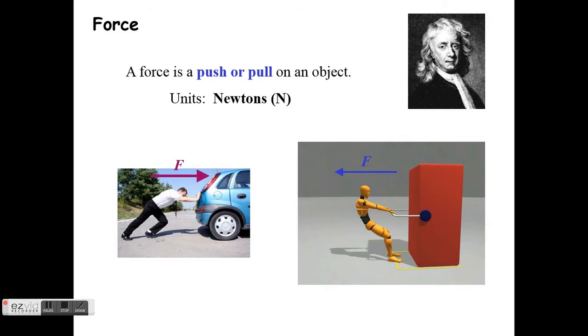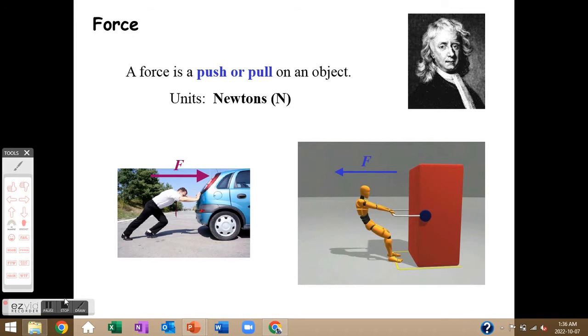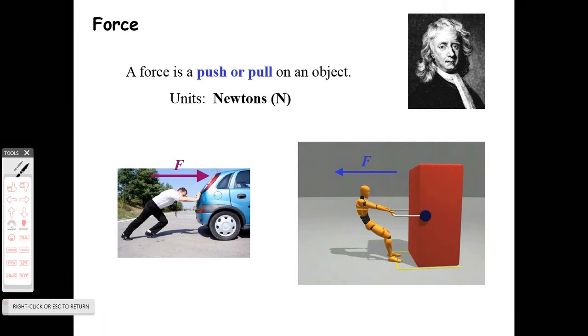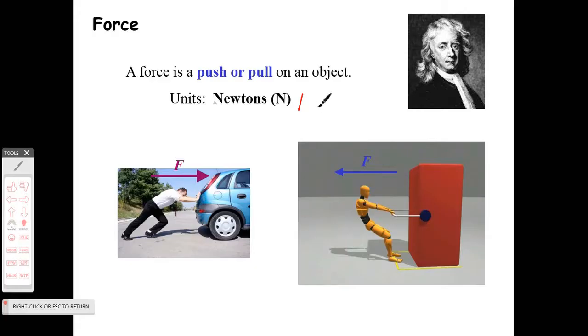Force is simply a push or a pull on an object. We measure forces in units called newtons. A newton is actually not a simple unit. It's a unit that's made of kilogram meter per second per second.